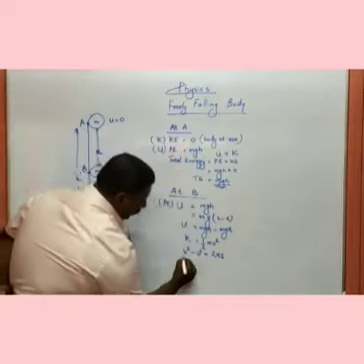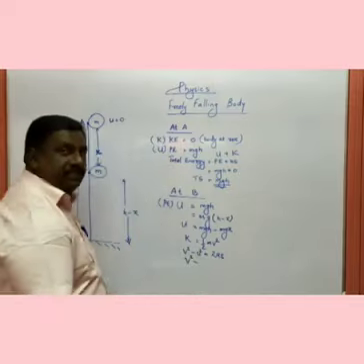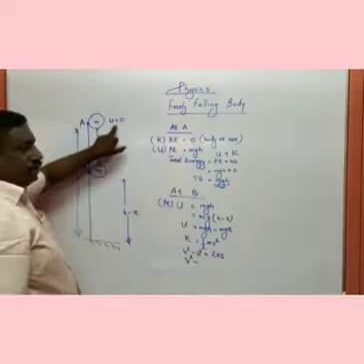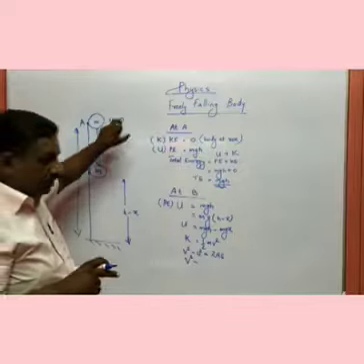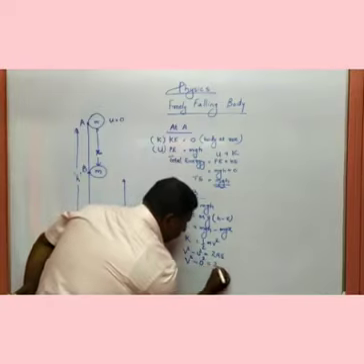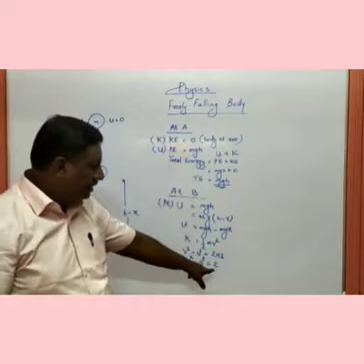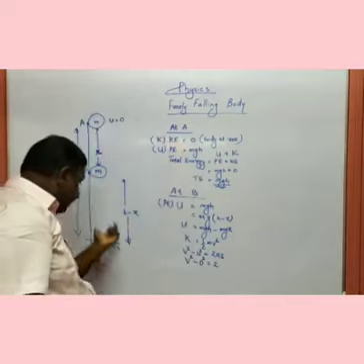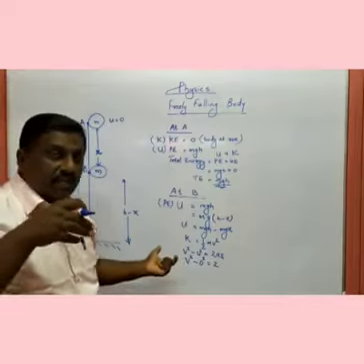Here u is the initial velocity that I have already told. Before falling, the body was at rest, so that is equal to 0 square. a means acceleration, here acceleration due to gravity because the body is falling towards the earth.